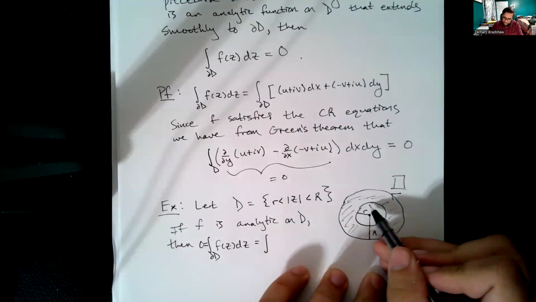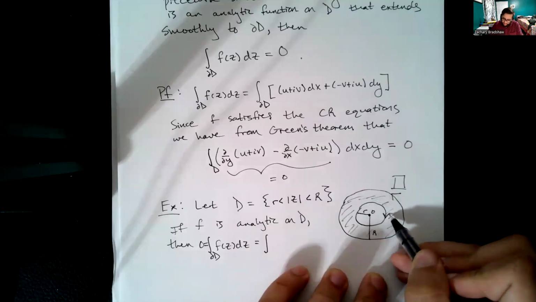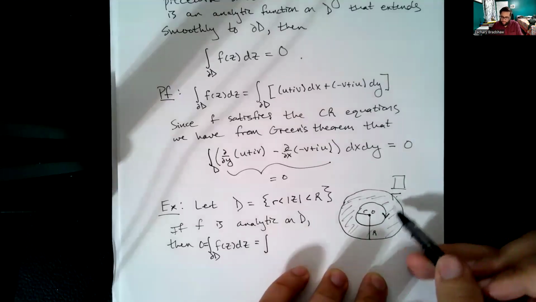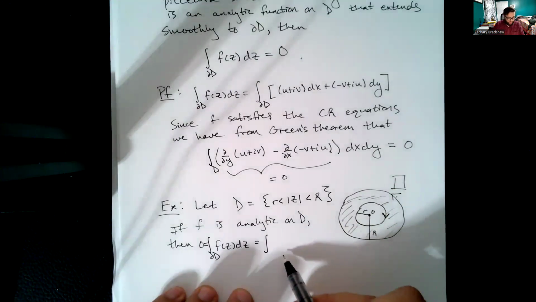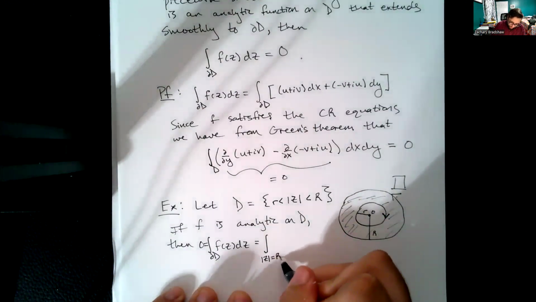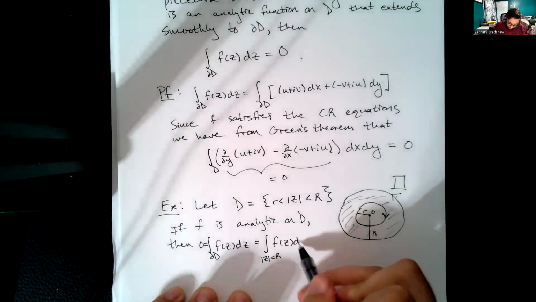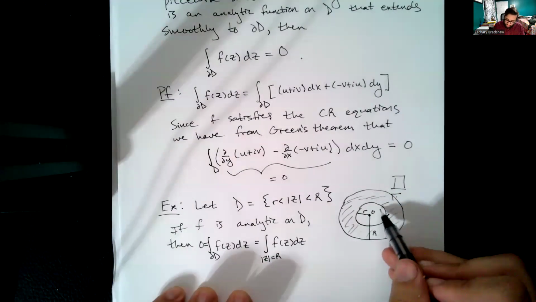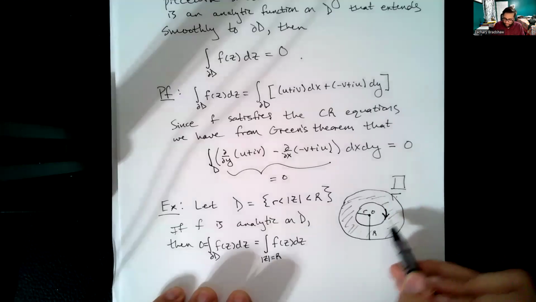And so down here, if I'm traveling along this curve, I want the domain to be on the left, and so I need this guy to point that way. So the boundary is the union of these two curves. So the integral along the larger circle looks like this. And now the integral along the smaller circle, well, we're going clockwise here. And when we go clockwise, we pick up a minus sign.